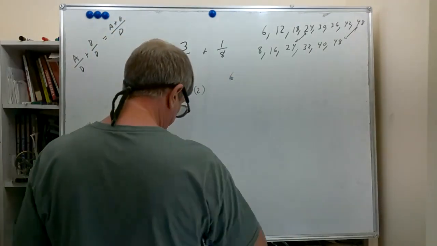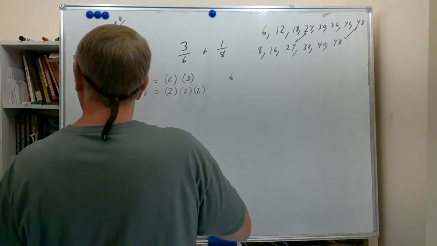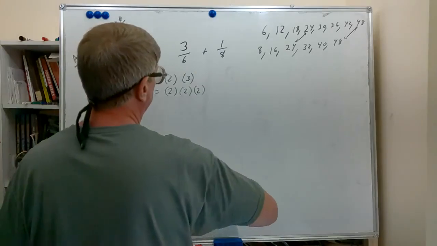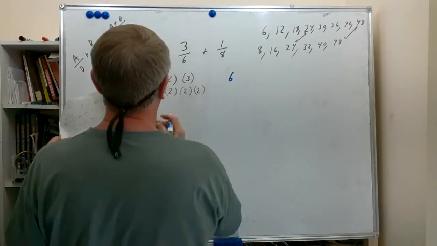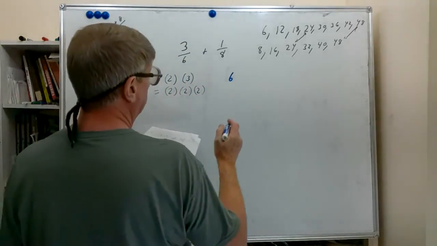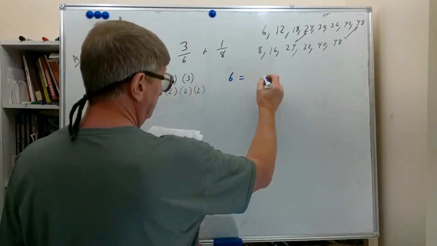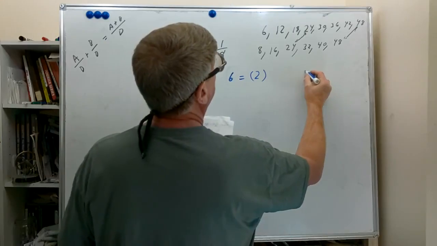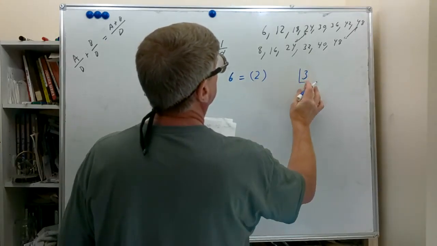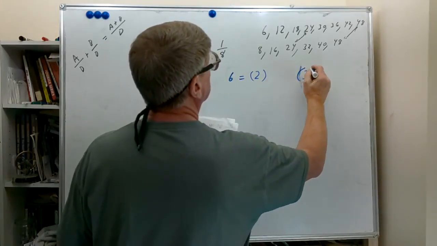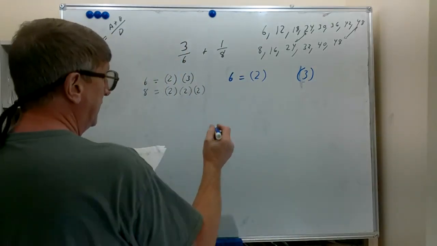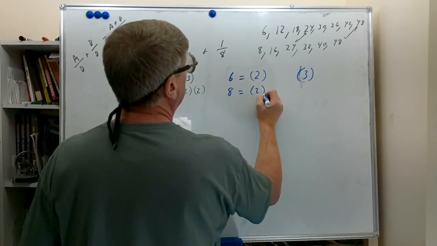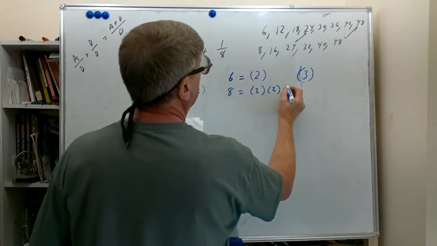6 is equal to, we have a single factor of 2 and a single factor of 3. Eight is equal to 2 times 2 times 2.